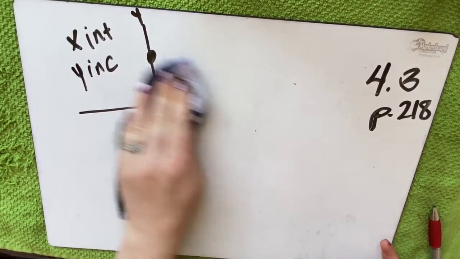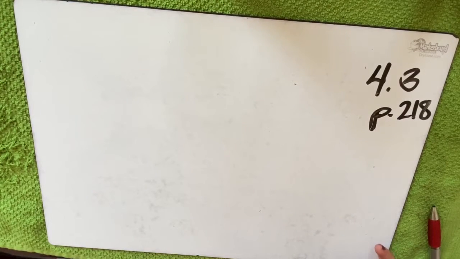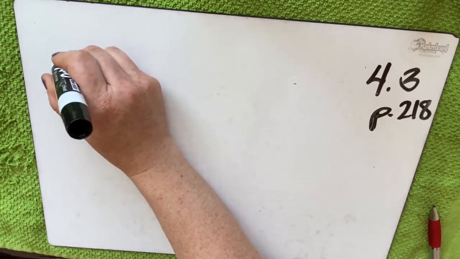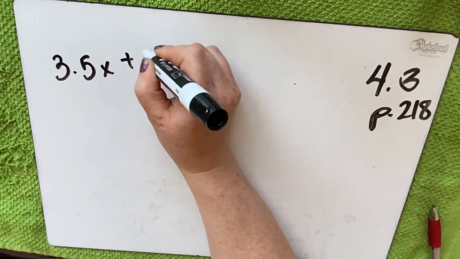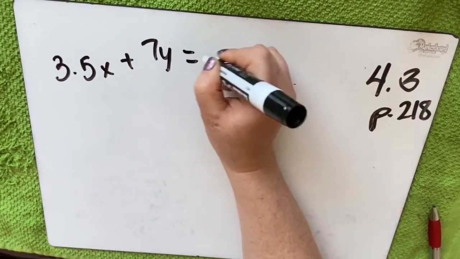Okay? So it says graph the equation. So there's 2 ways to do it. You solve for y, but this is the easiest way, is just substitute in the x's. So 3.5x plus 7y equals 14.